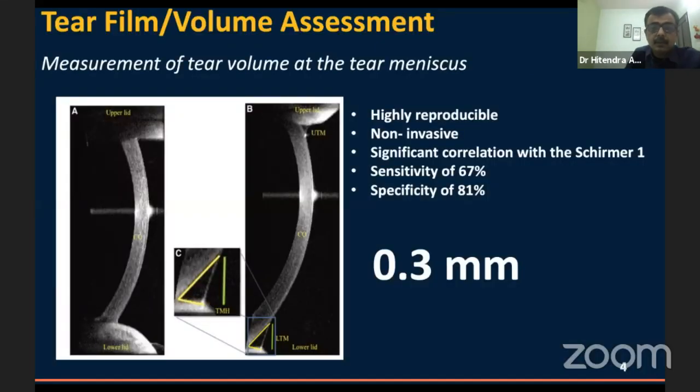This is a newer way to measure tear volume at the tear meniscus, and it is done by anterior segment OCT, and the cutoff value for this is 0.3 mm. This test is highly reproducible, non-invasive, and it has a significant correlation with the Schirmer 1 as proved in literature, and it has a sensitivity of 67% and a specificity of 81%.